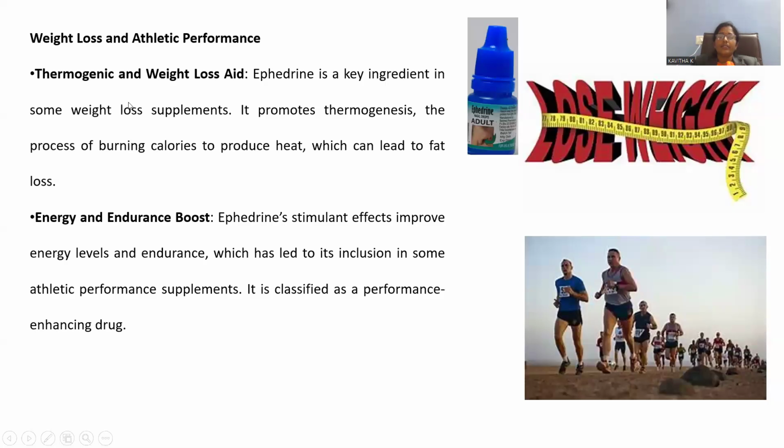And another application is weight loss in athletic performance. How does it help in weight loss? Because it promotes thermogenesis. Thermogenesis is nothing but the heat that is generated within the human organs. When heat is generated, what happens? Burning of calories becomes more convenient.